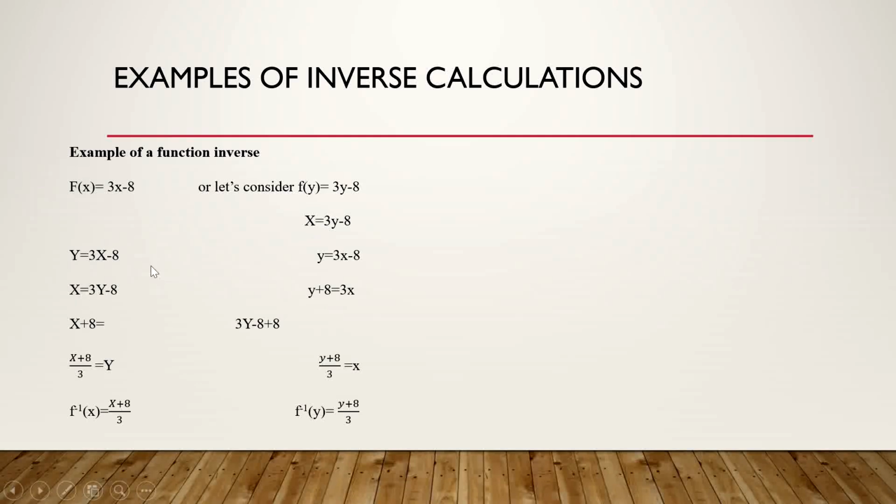When you follow this mathematical inverse, you find that x plus 8 equals 3y minus 8 plus 8. We will find that (x plus 8) over 3 equals y, and at the same time (y plus 8) divided by 3 equals x. So f inverse of x equals (x plus 8) over 3, and f inverse of y equals (y plus 8) divided by 3. That's what we are talking about.